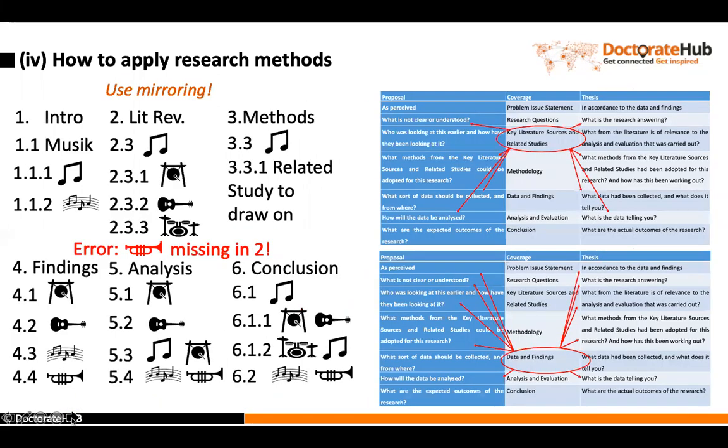And this, together with keeping an overview of what you have in your proposal and how things are emerging, is a very good and useful tool to guide you and to gradually build up the methods and the methodology as your study goes along. If you haven't come across mirroring, we were running webinars on this earlier. Please take a look at those slides. It's a very useful tool to guide you through your thesis.